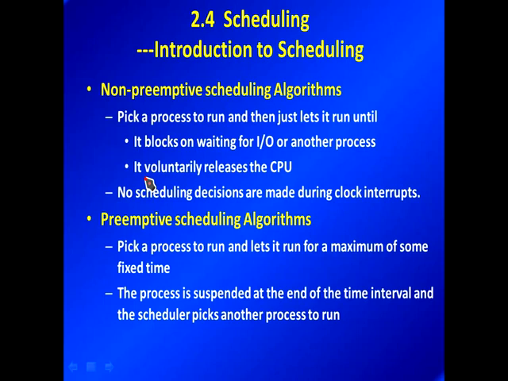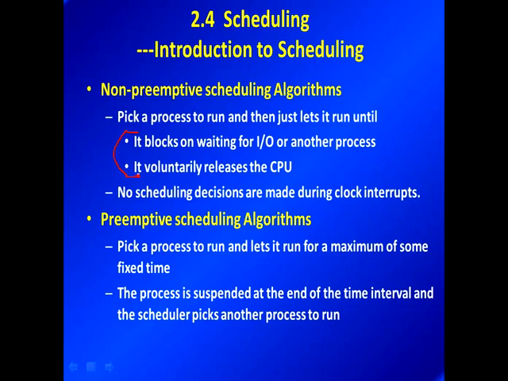Or if the process finds that it needs to wait for something and doesn't need to run any more instructions at a certain moment, it will block itself. After it blocks itself, the CPU is available, and you can pick another process to run in the CPU next. So these are the basic ideas for non-preemptive scheduling algorithms.